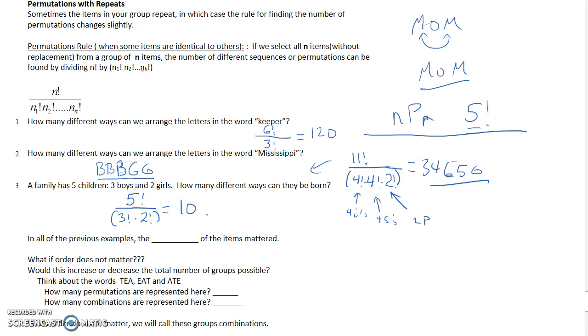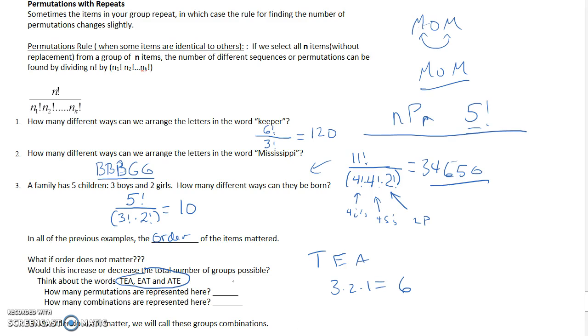Okay? In all of the previous examples, I've said this before, the order of the items matters. But let's talk about what happens if they didn't matter. This is a different type of problem. So let's say I've got these letters, T, E, and A. Permutations, if we're talking about the arrangements of these letters, there are 3 times 2 times 1 different permutations.